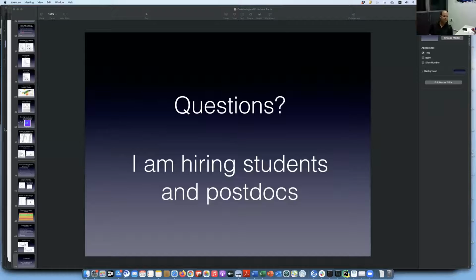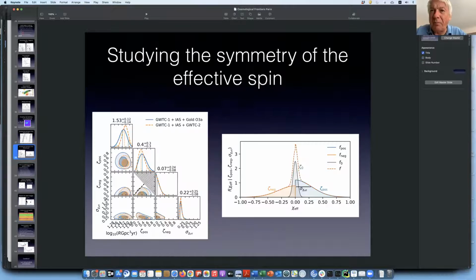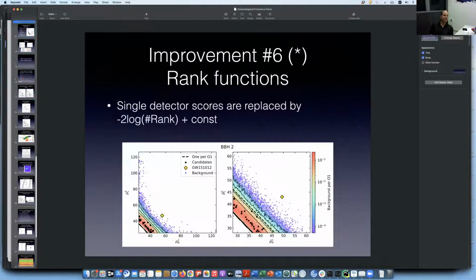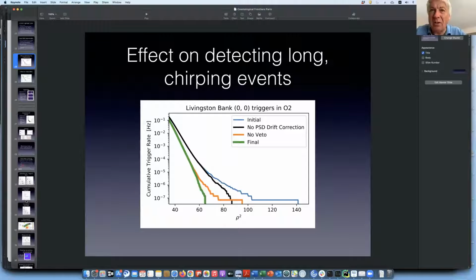Could you please put up that graph again that you showed near the end? I think it was number versus chi-squared. Okay, you have to tell me which graph. It was near the end. Maybe just go backwards. No. This? About the effect of spin, I think it was. Yeah, this one here.